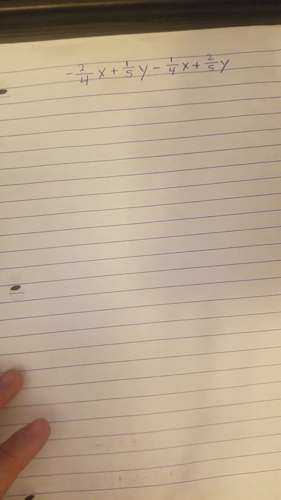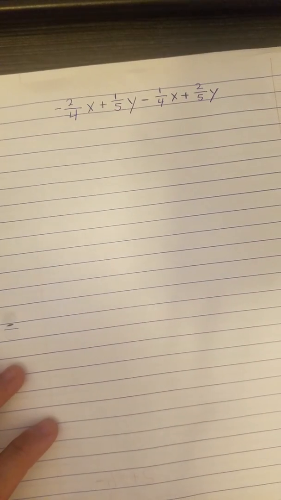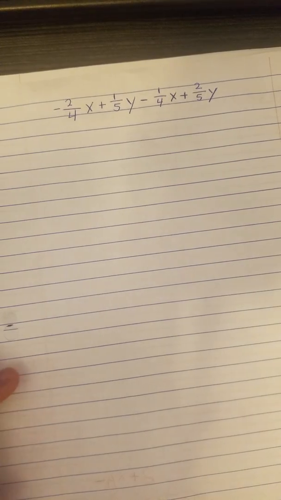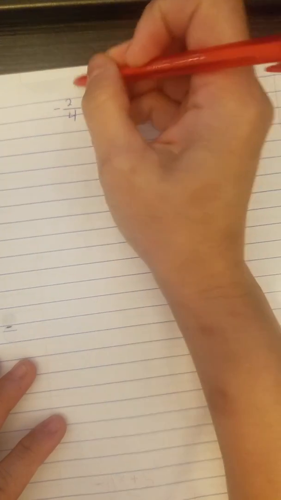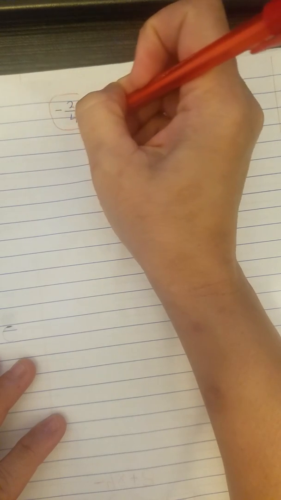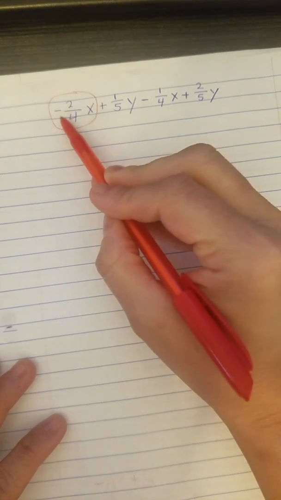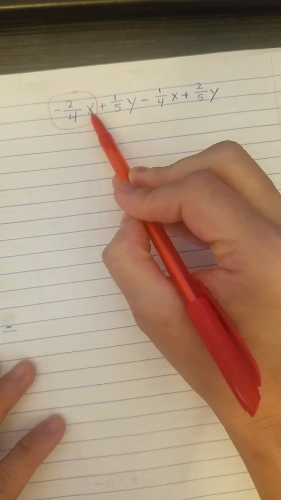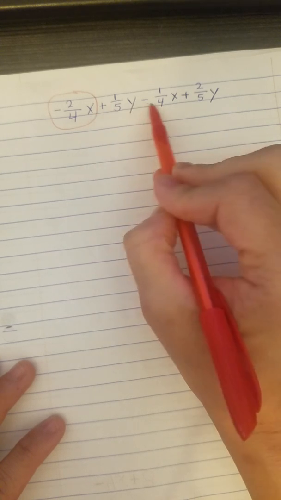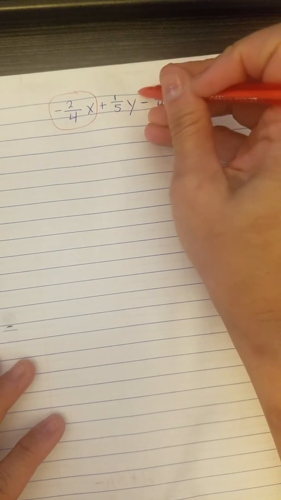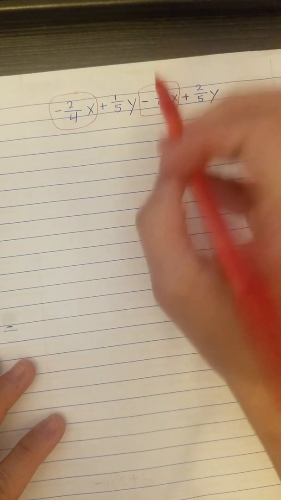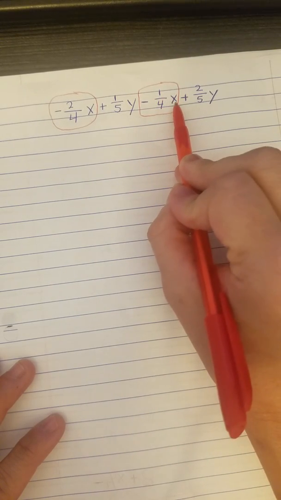Here, it looks like it's a lot more difficult, but it's not. I just incorporated fractions, and you are going to have a bunch of these in tomorrow's quiz. So same exact thing. Let's grab the ones with the same coefficient. So here I have negative 2/4 x. Okay, and then here I grab the negative in front, negative 1/4 x.